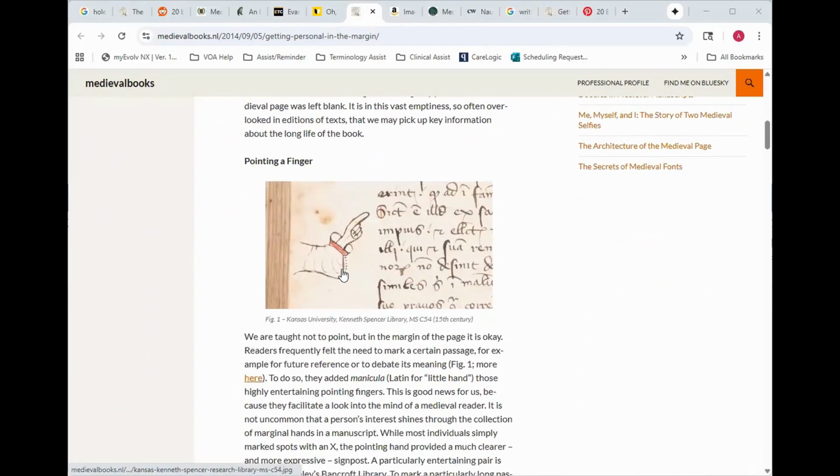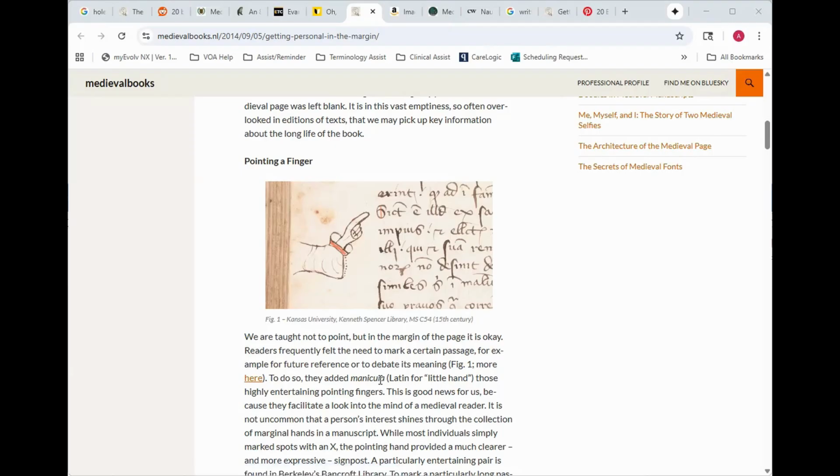We have next an example of just a finger that's pointing to something important. So just right at the edge of the page, somebody's arm comes out, elbow bends, and there's their finger pointing to the thing that is relevant.